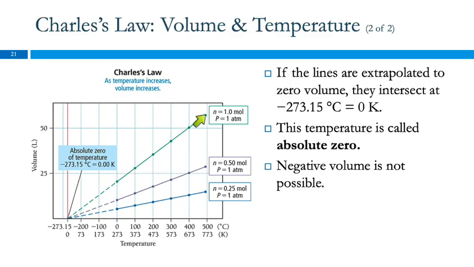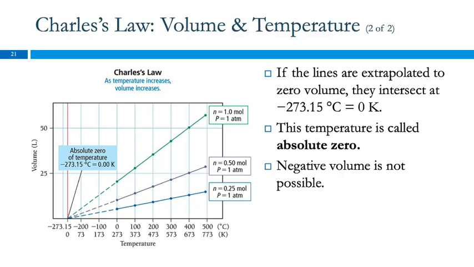The idea here is as you decrease the temperature of the gas, its volume gets smaller and smaller and smaller. If you keep decreasing it, eventually, maybe you get to 0. Could you go past 0 to negative volume?